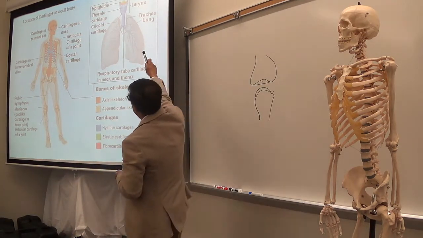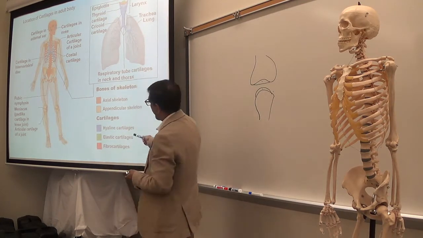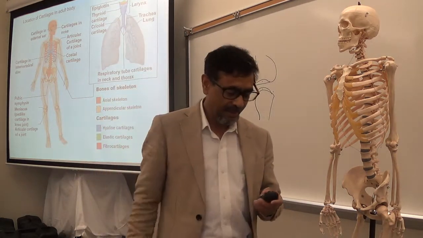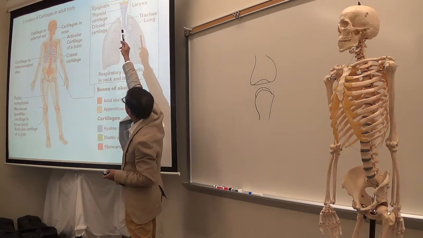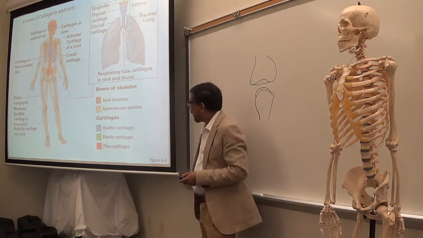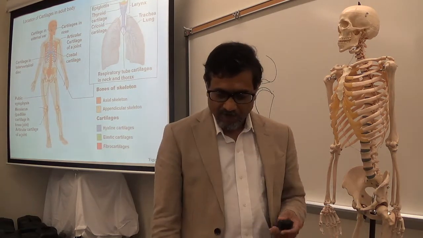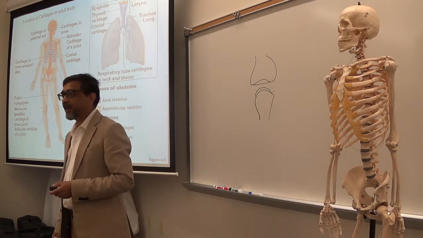Bronchial cartilages, trachea and bronchi. Then elastic cartilage, you see by green color, ear, and epiglottis inside the larynx, the green one. And fibrocartilages, as I have mentioned, meniscuses, pubic symphysis, and intervertebral discs, right?